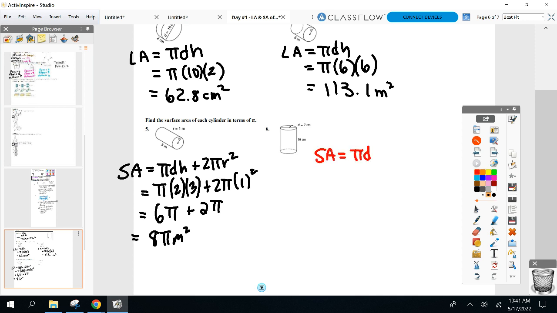I always just like to write out the formula. Diameter, 7. Height, 10. Plus 2 pi. What's your radius? Good. Make sure, don't use the 7 again.